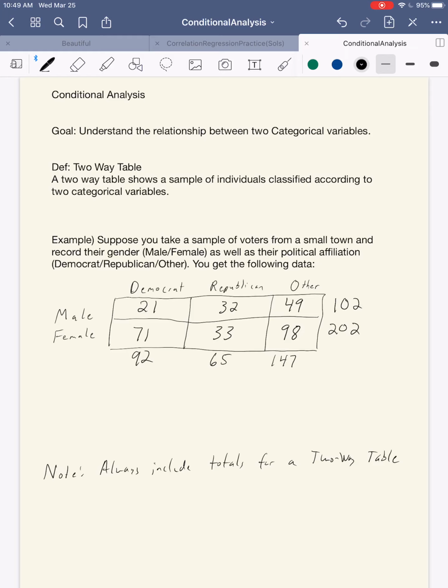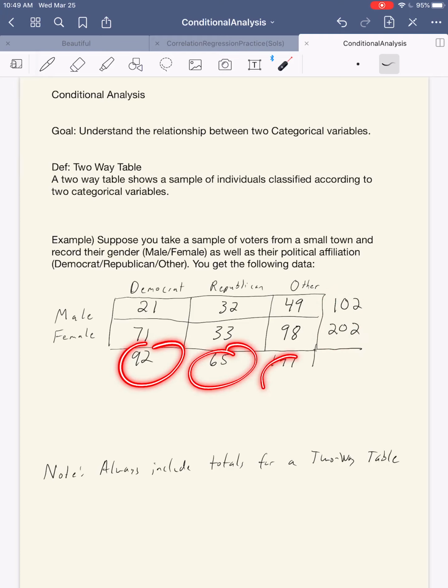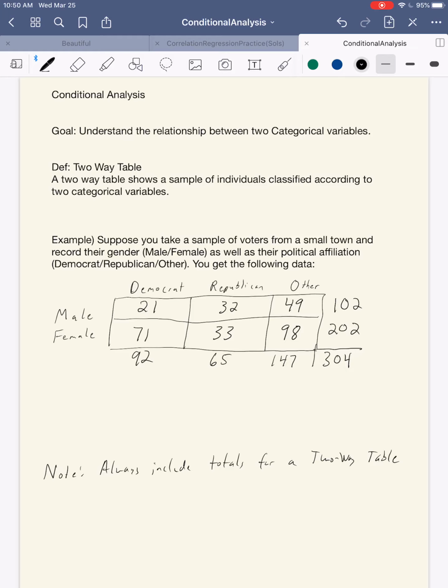We can also include one more total, which is the total of these row totals or the total of these column totals. Now, no matter which way you decide to do it, you've got to get the same value here. So if you take 102 plus 202, you should get 304. And if you do 92 plus 65 plus 147, you also get 304. So this value right here, we would write as 304.